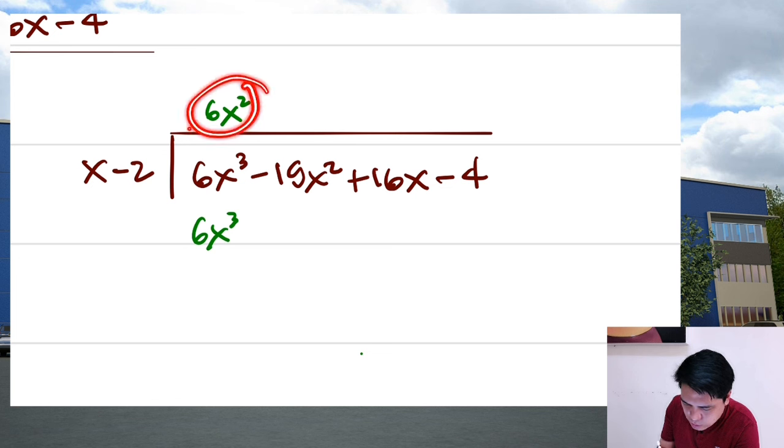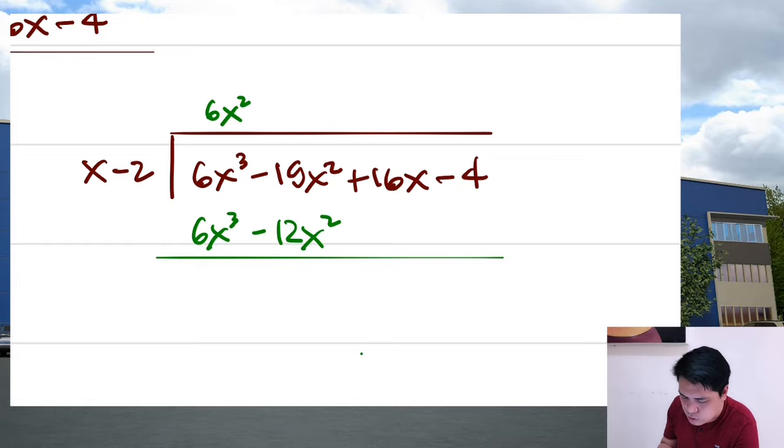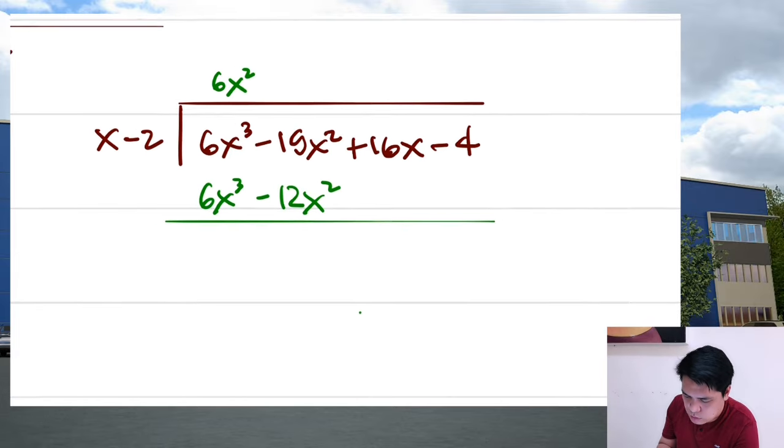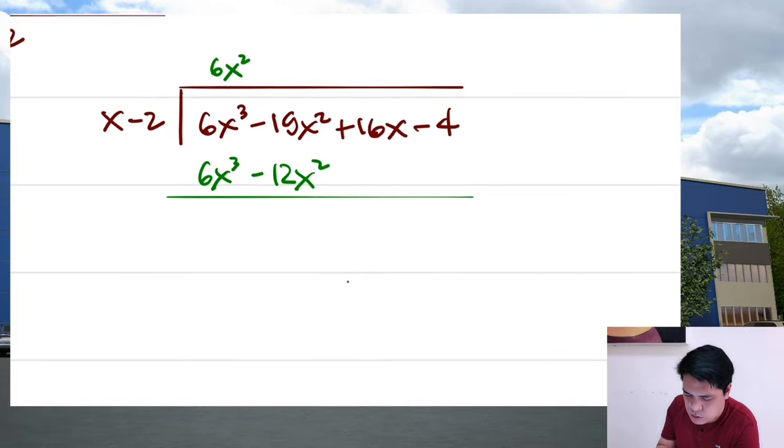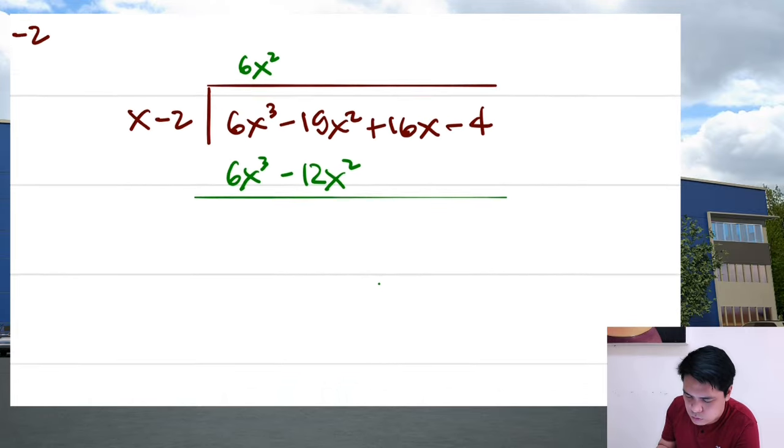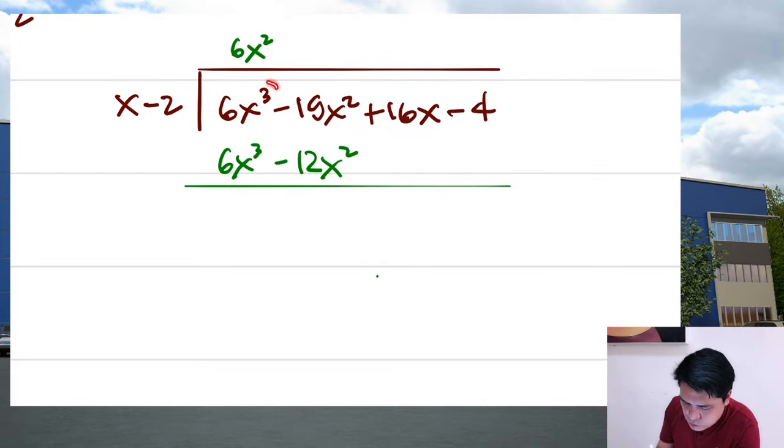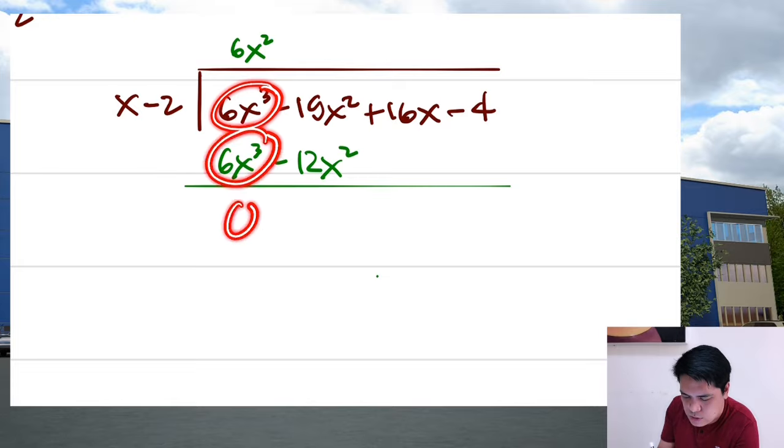Then 6x squared multiplied by negative 2 would be negative 12x squared. Then you subtract. It is similar to the long division of whole numbers or integers. So first we subtract these two terms: 6x cubed minus 6x cubed, so that's 0.